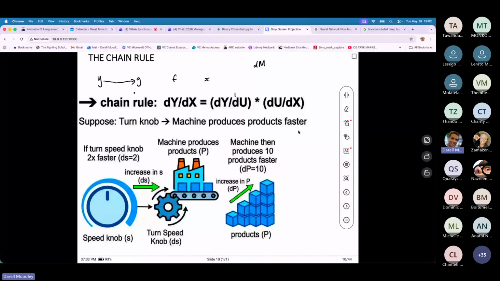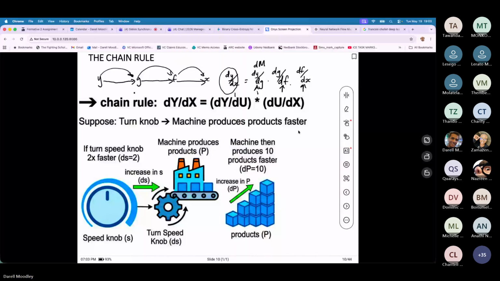So I have to first find Y in relation to G, so it'll be dy/dg, times how G is related to F, so dg/df, and then finally how F is related to X, so df/dx. That means just to get this derivative that I want, I have to work out three derivatives. So the more functions or variables you have in between, the more derivatives you have to work out using the chain rule.